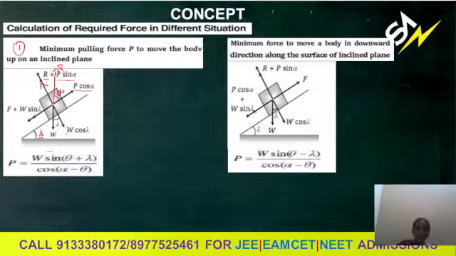It resolves into W cos lambda, and opposite to this W sin lambda. As the body is moving up the inclined plane, the direction of motion is this way, and limiting friction develops opposite to that.